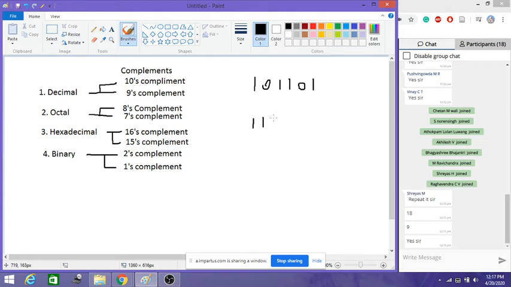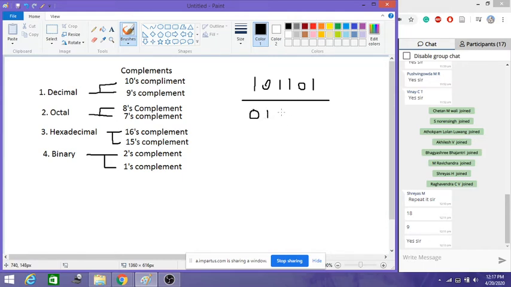I'll tell you another method for 2's complement. It's very simple rather than doing subtraction like this for 2's complement. So what we have to do is convert wherever 1 is there to 0 and wherever 0 is there to 1. This is the same as subtraction with all ones.